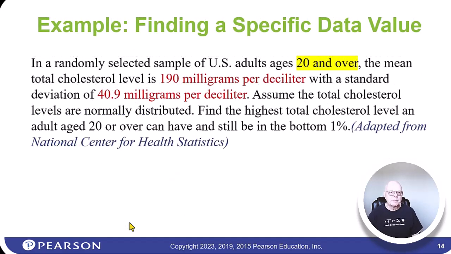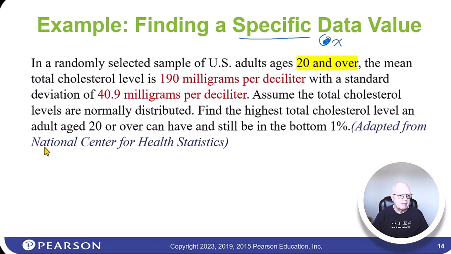Okay. Now this time we're looking for a specific data value. That means we're looking for the X for this particular example. All right, so we're talking about US adults 20 and over. That's our population.